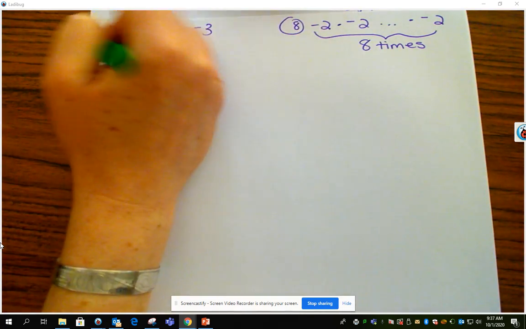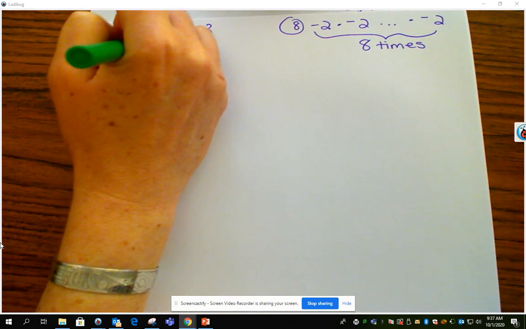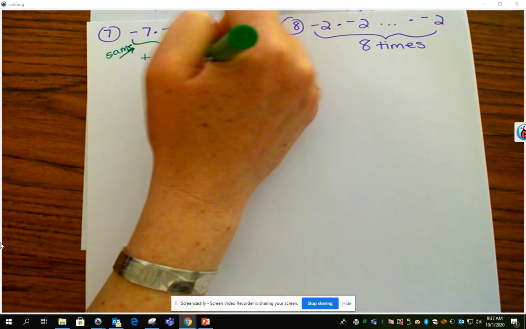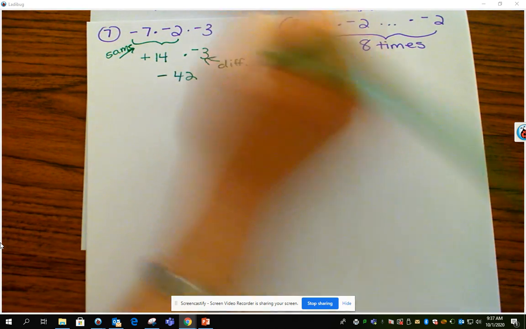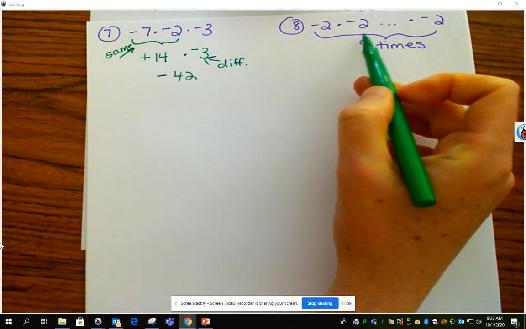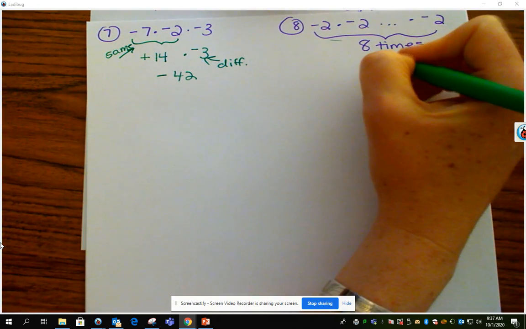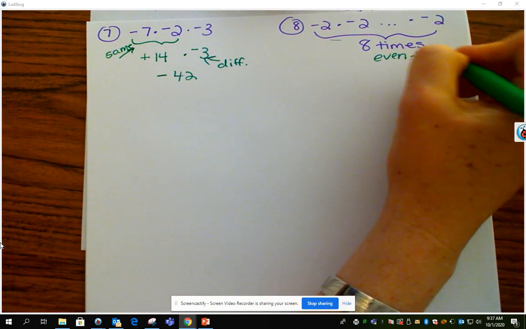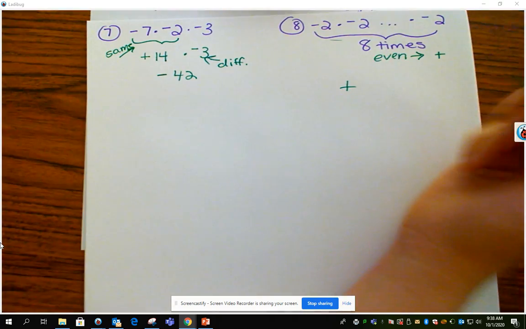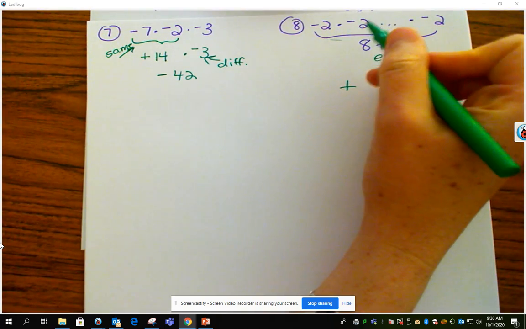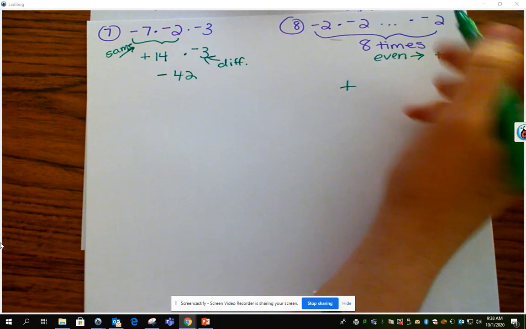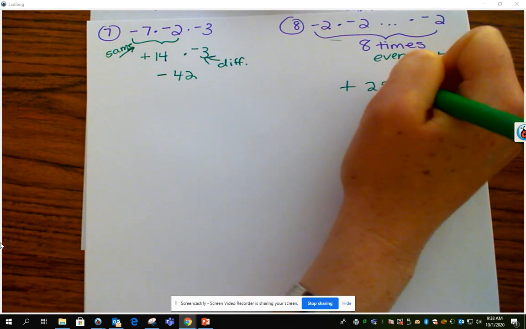So same signs here and different signs here. All right, now this says 8 times. So first off, let's figure out the sign. 8 is an even number, so it's going to be a positive answer. And then if I multiply 2 times 2 times 2 times 2, 8 times, I get 256.